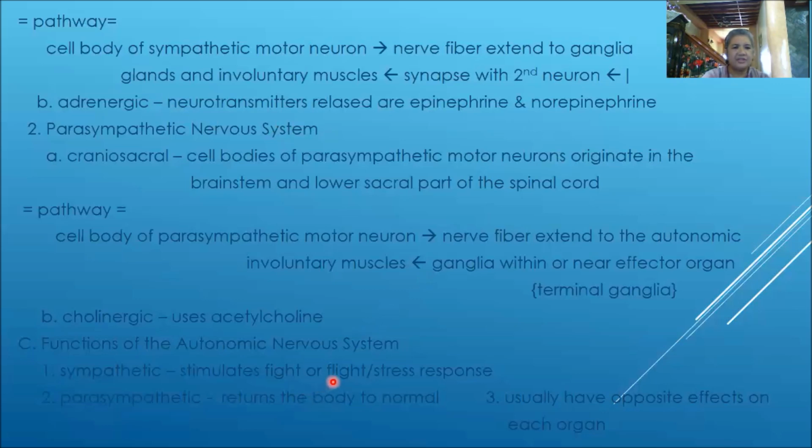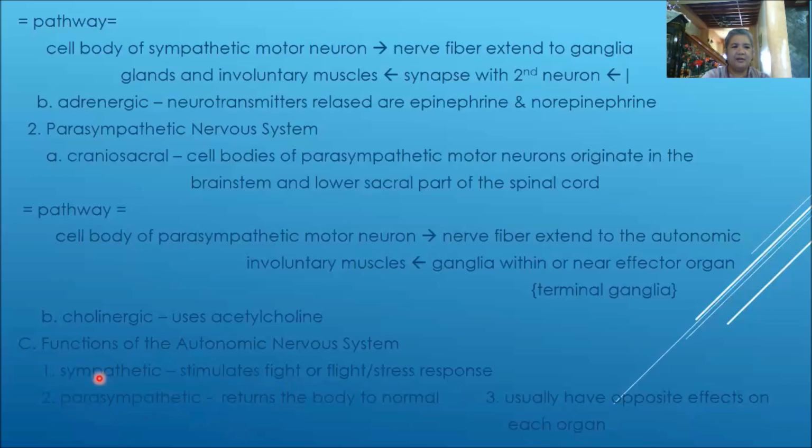Now, what is the function of the nervous system? For sympathetic, as you most know, it is a fight or flight response, for a stress response. And for parasympathetic, the response is relaxed. So when you are sleeping, you are using your parasympathetic autonomic nervous system.